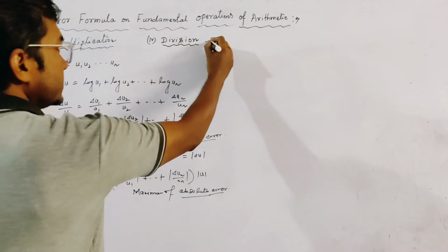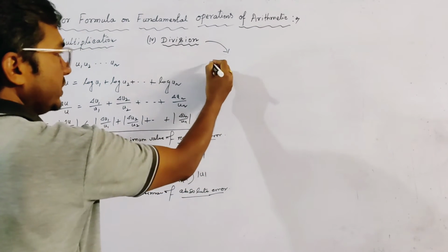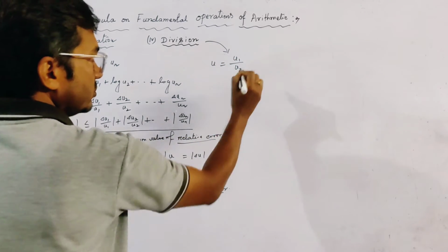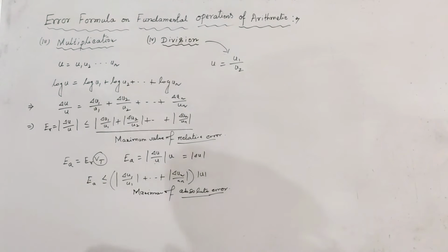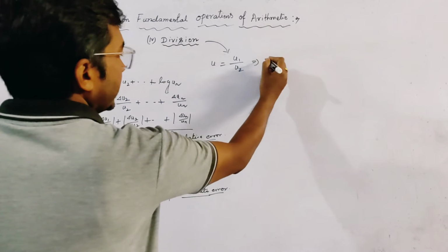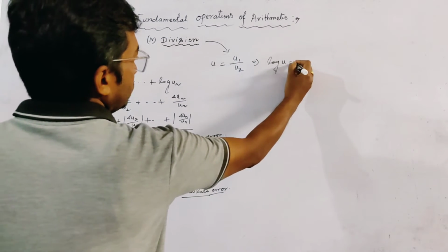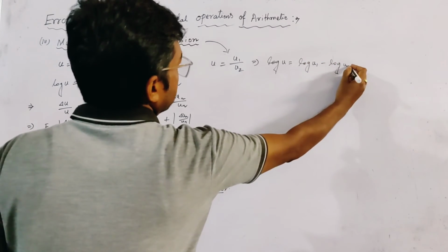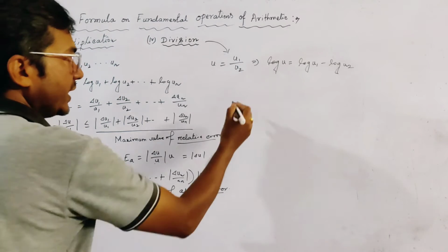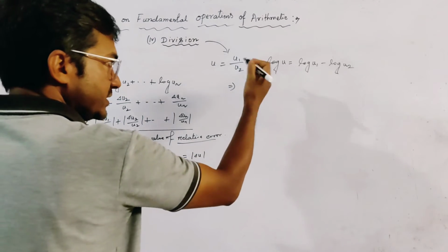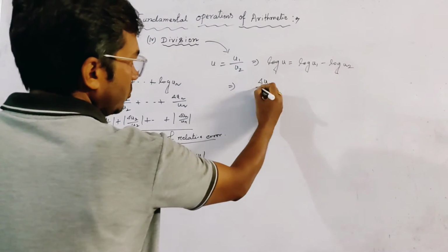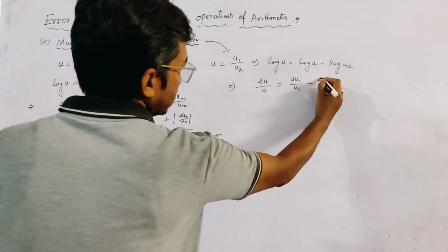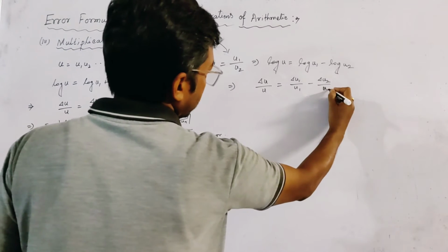Now for the second case, that is division, here we take the function u = u1 by u2 as the quotient of two functions. Here also we take logarithm on both sides: log u = log u1 - log u2. Similarly, for the derivative we get delta u by u = delta u1 by u1 - delta u2 by u2.